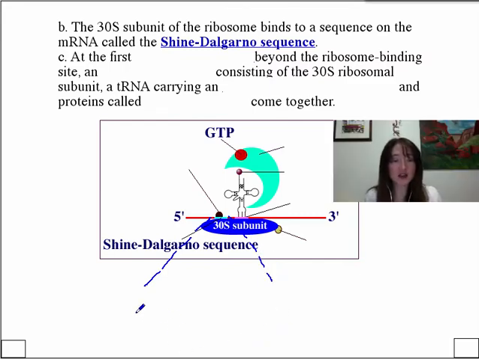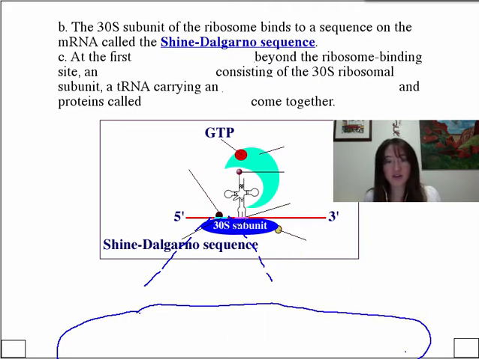So inside of the 30S ribosomal subunit, so this is a very big picture of the 30S ribosomal subunit. And then let's get our mRNA going on right here. And we know its 5' end is over here, and then you've got the 3' end over here.